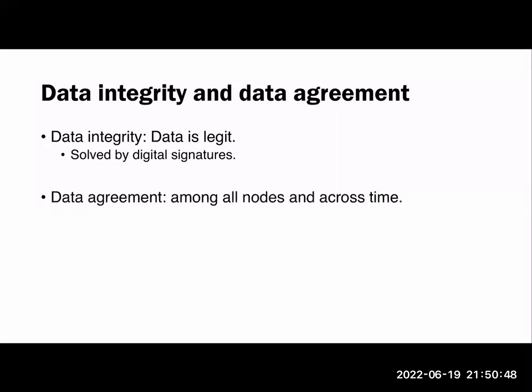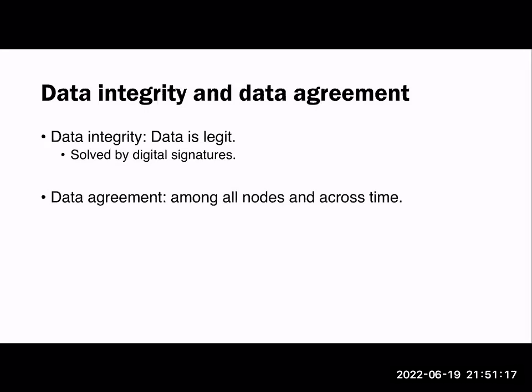However, there is a second problem that needs to be solved: now that the data has integrity, we have to have agreement across all nodes and across time. So different nodes should have an agreement on something at a particular time. And across time, if you have an agreement on something, you should not be able to revert that agreement and change to something else.